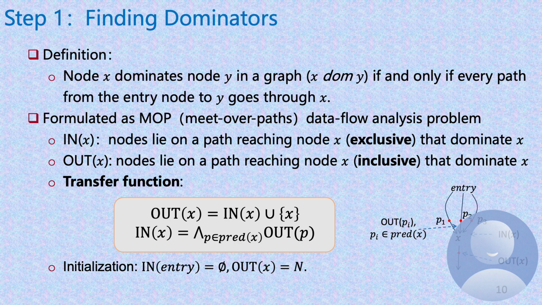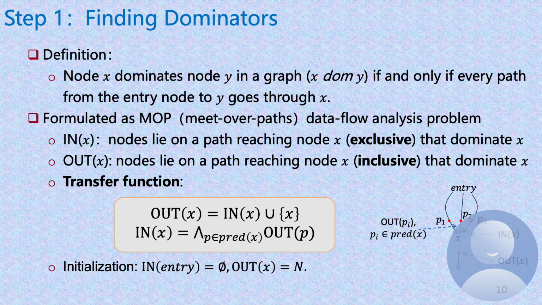So according to the definition, we have the following transfer function. We will use the pictures here to illustrate the transfer function. Given a node X, the in X is the value right before the node X, and the out X is the value right after the node X. So we can easily get the first transfer function, the out X equals in X plus X itself, because X also dominates X itself.